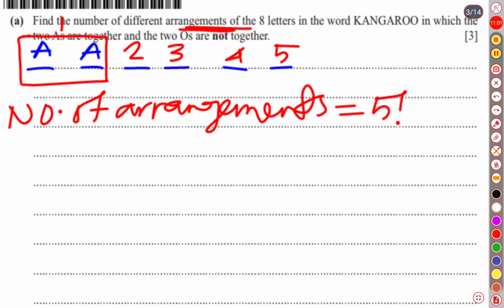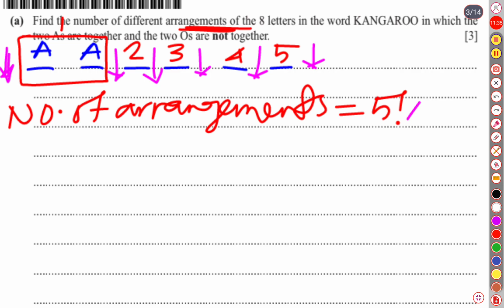Now about O. For O, what are the places left for O? Let me show you. As they cannot be together, O can be over here, or in this blank space, or there, or here, or there. Even O can be over here. So finally, how many places are there for O? 1, 2, 3, 4, 5, 6.